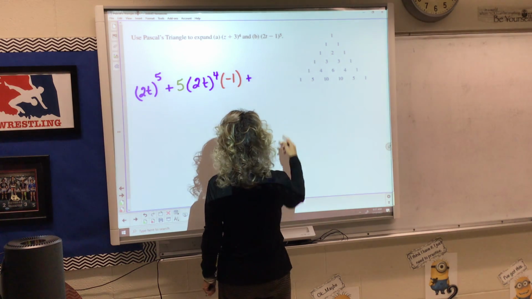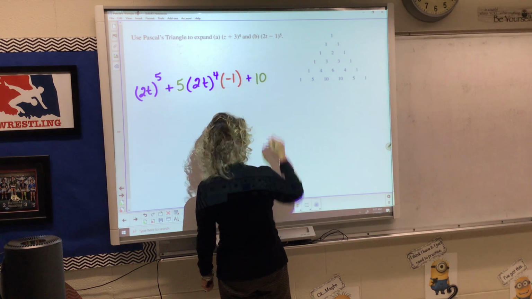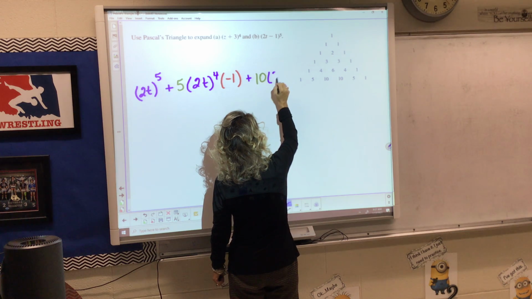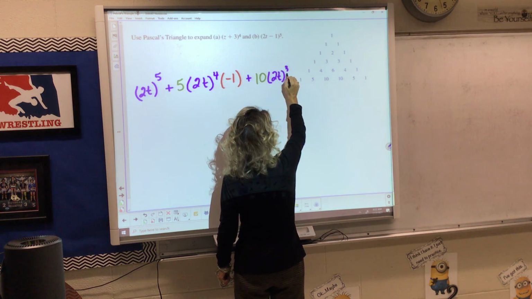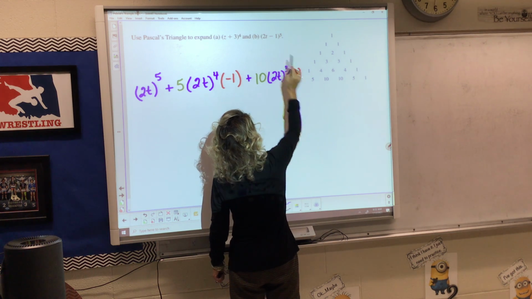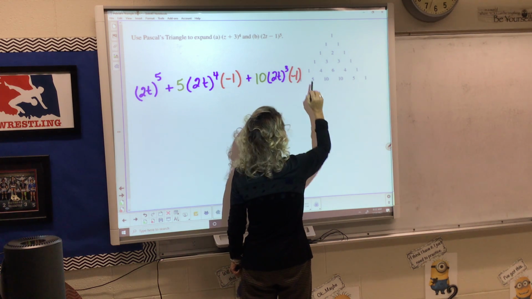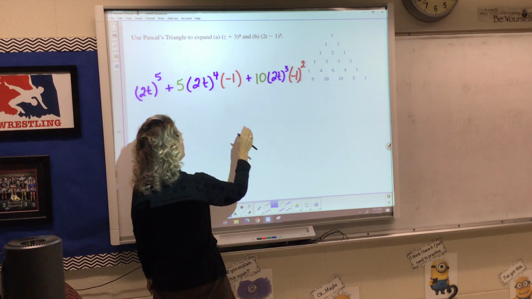We have this 10. We've got to do the coefficient, yes? 10 is the coefficient. Now we do 2t to the what power? Third power times our -1 to what power? Second. Everybody with me?